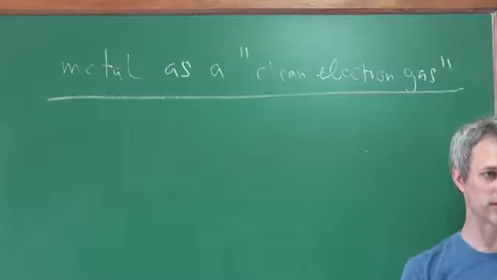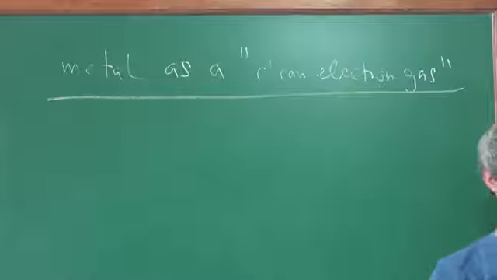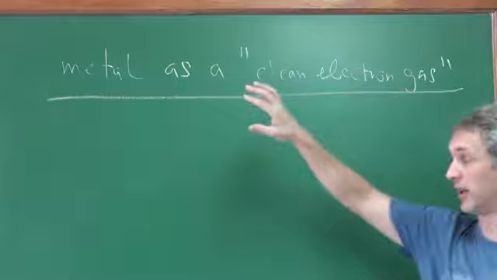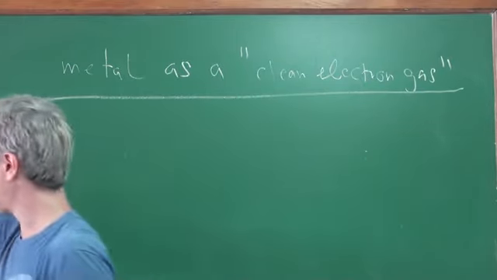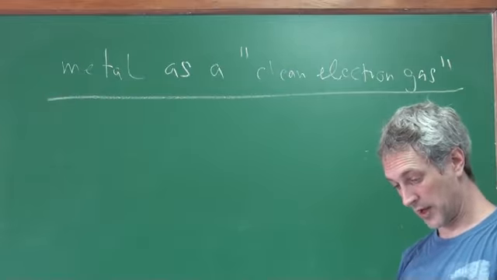So we consider that these electrons, which are charged, are moving against a positive background, which makes everything charge neutral. But apart from that, we will just consider free electrons interacting with each other, and that's all.